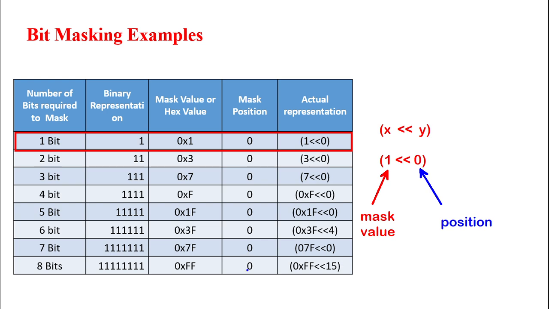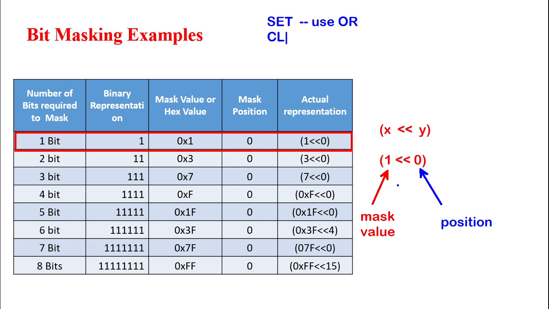If you want to set, we have to use the OR operator. If you want to clear, we have to use the AND operator. And if you want to toggle, I'll write it on the top here. If you want to set the bit, use the bitwise OR operator.